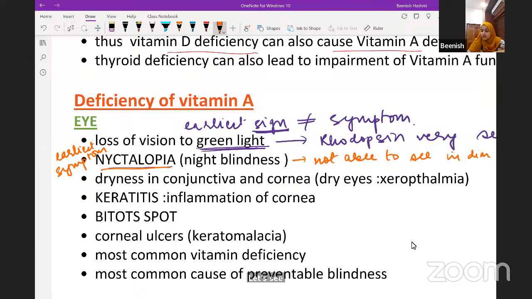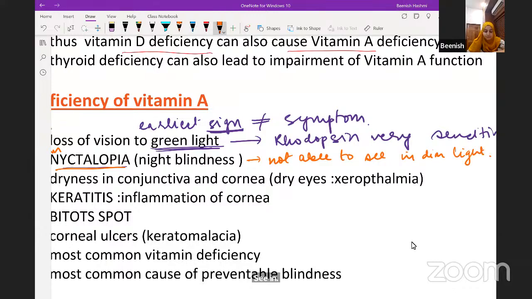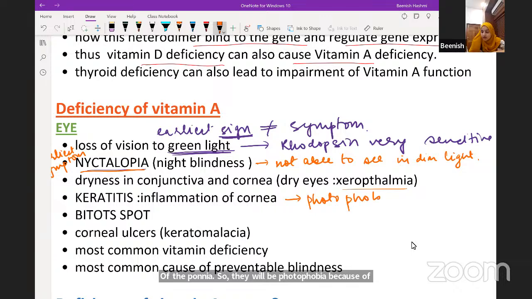Next being dryness in conjunctiva and cornea, which is known as xerophthalmia. Then keratitis, that is inflammation of the cornea. So there will be photophobia because of keratitis. Now, Bitot spot. What is that? That is a raised area in the conjunctiva.